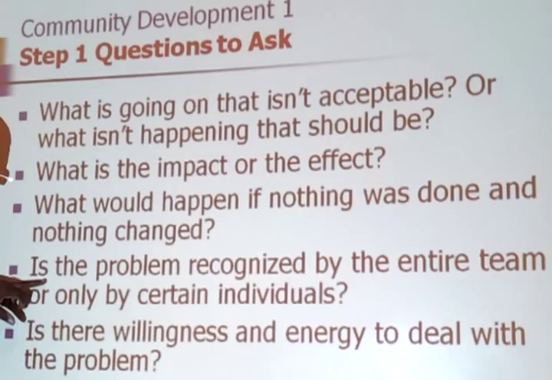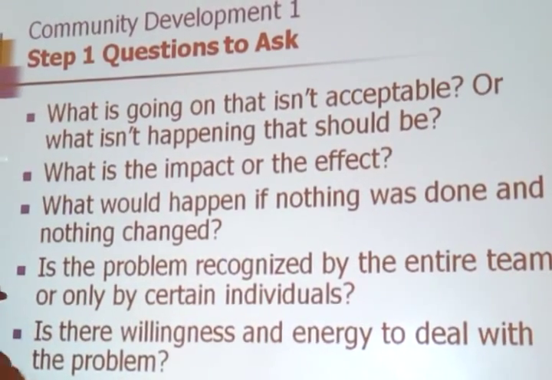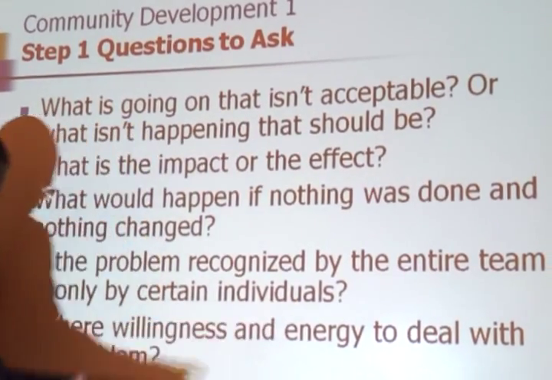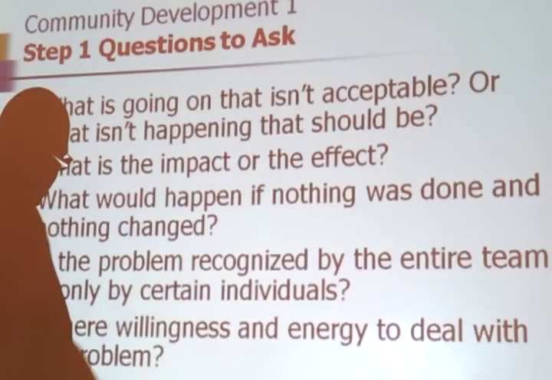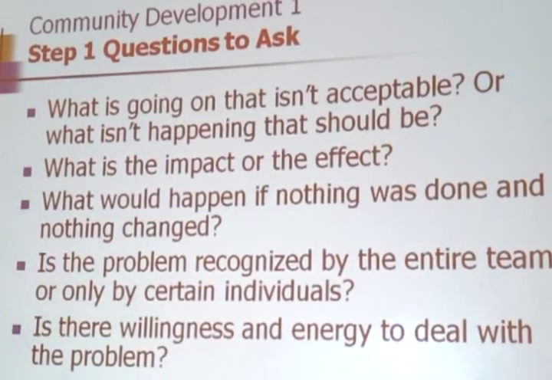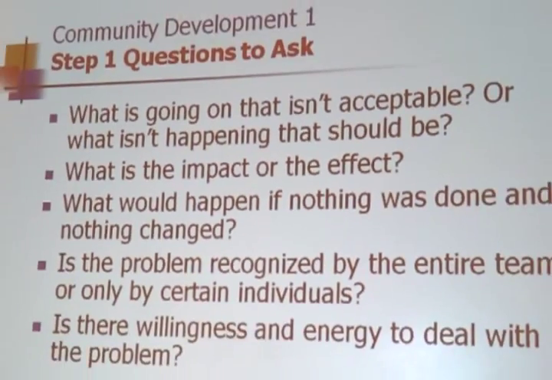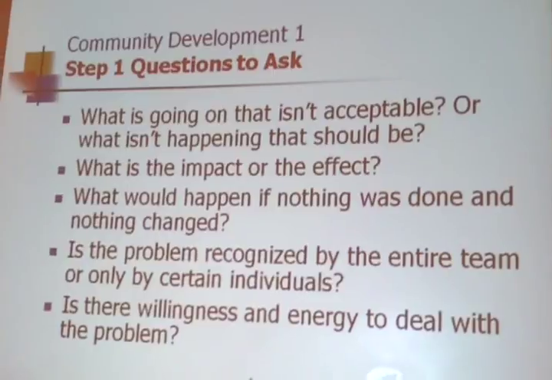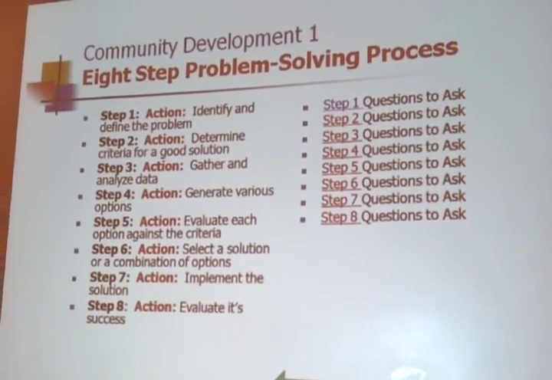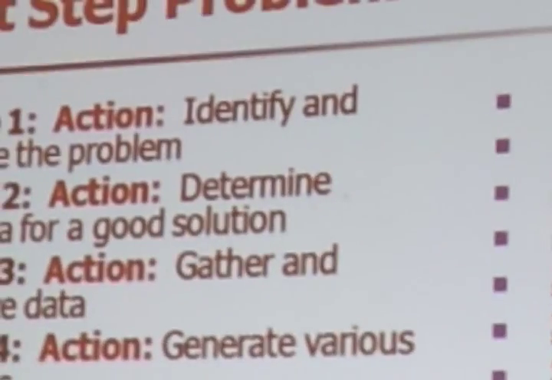Next is the problem recognized by the entire team or only by certain individuals? And last but not least, is there willingness and energy to deal with the problem? Now, those particular questions are only for the first step. And that first step was identify and define the problem. But I'll do one more.